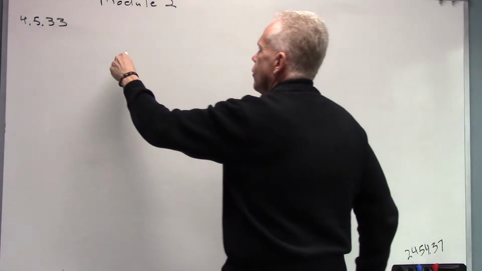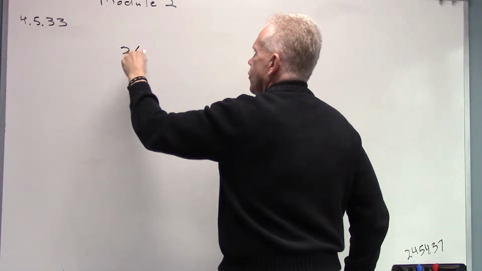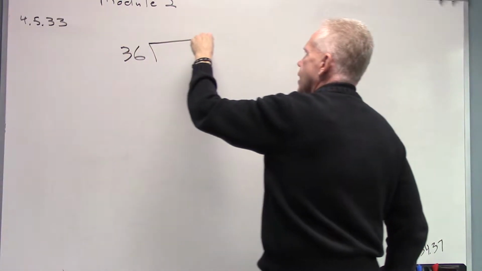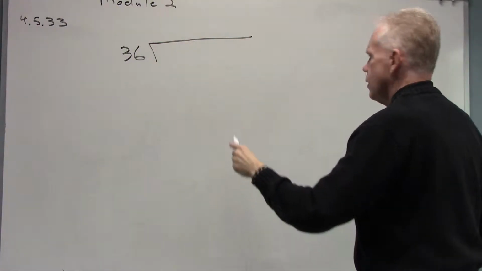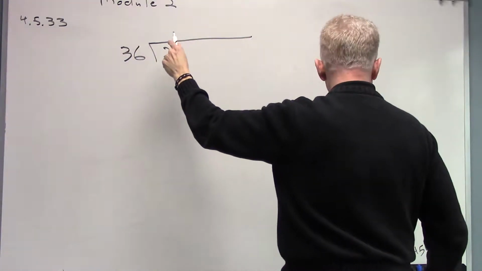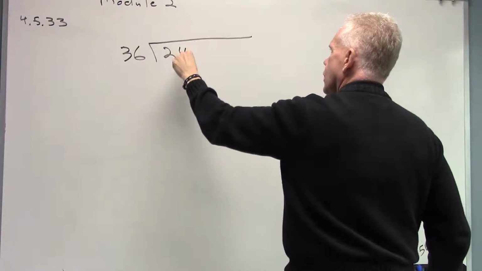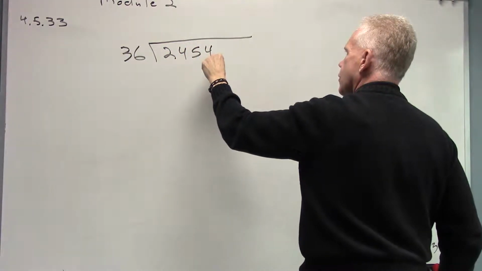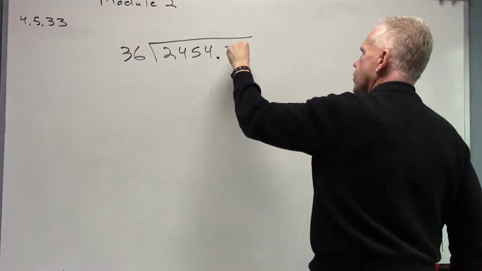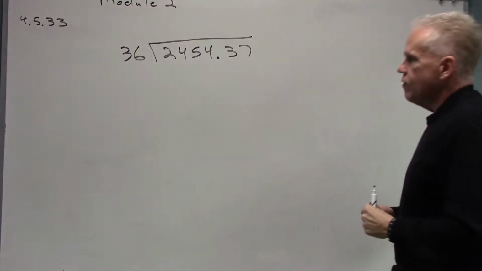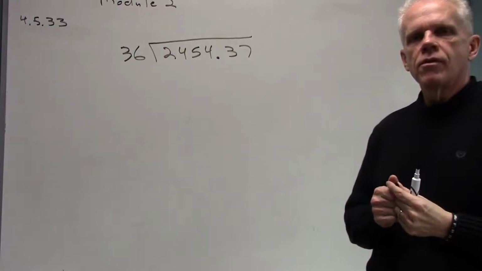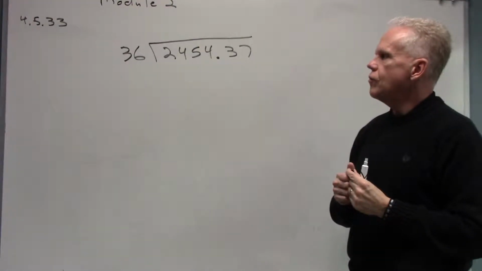Okay, so first we're just going to realize that it's 36 months and we're dividing that into $2,454.37. I think that's the amount that we had. And we should be able to figure out what a monthly payment would be by doing this long division.